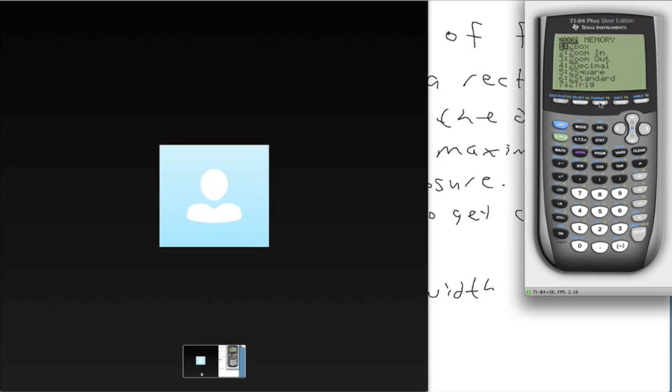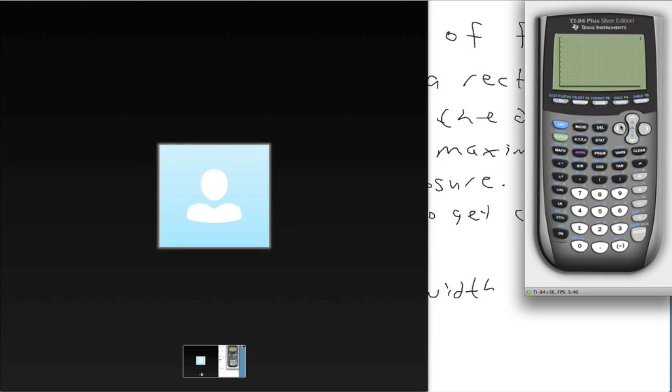And you can actually stop right here, hit graph, or actually all we have to do now is go to zoom. I'm doing this on my screen too if you want to follow along. You can go to zoom, and I hope this will work. Do you have an option for zoom fit? I do. Yes. So what that's supposed to do is if you choose the right x coordinates, it'll automatically choose the right y window. So let's see if that works for us.